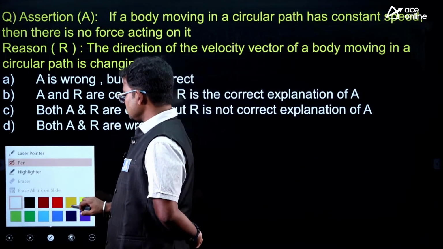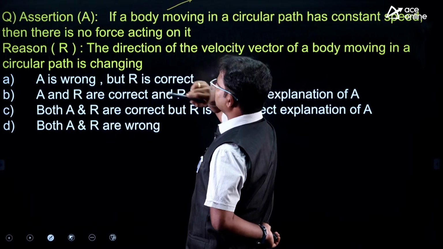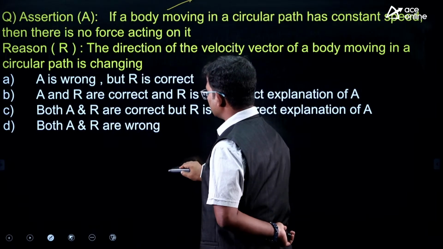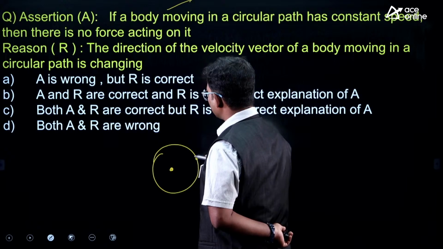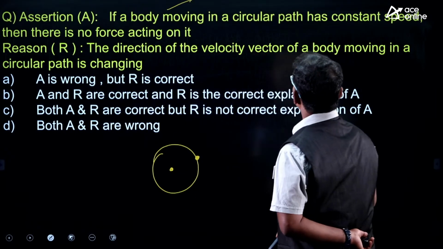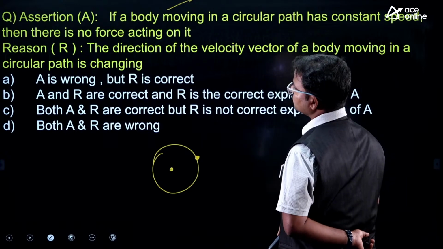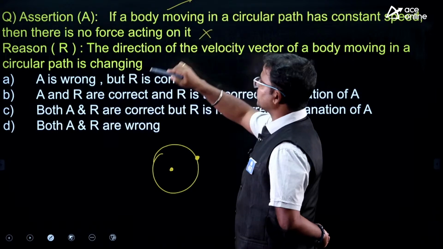First of all, in the assertion, if a body is moving in a circular path with constant speed, then there is no force acting on it. This statement is completely wrong.